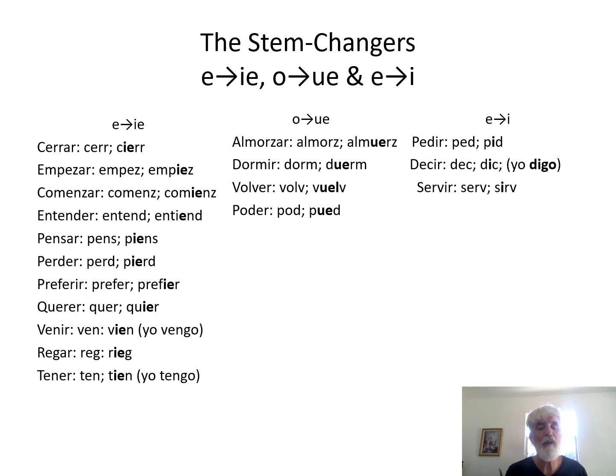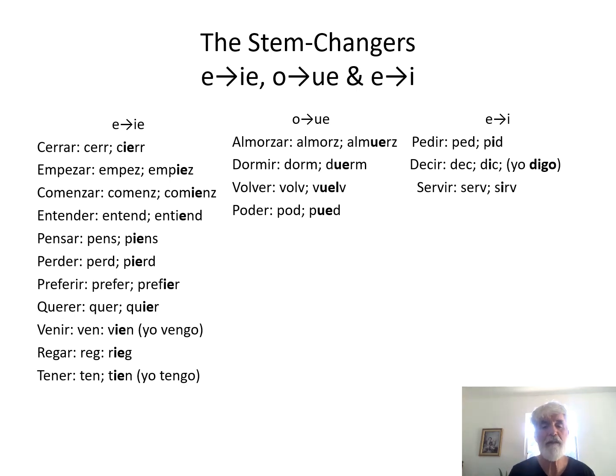But notice how we derive the changed stem. Entender has two E's. Some of our verbs are going to have two E's. Which E do you change? It's always the E closest to the end of the verb, okay? So we're going to change this E, the end E, so it'll be entiend as my second stem.